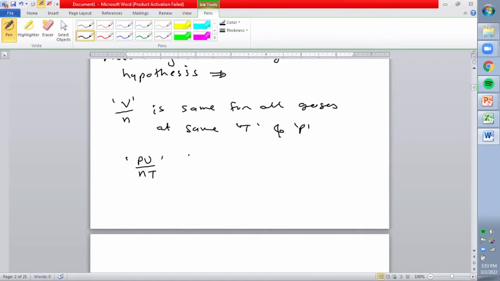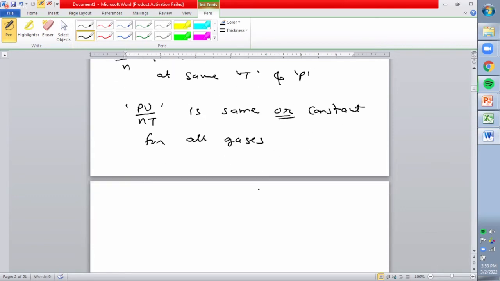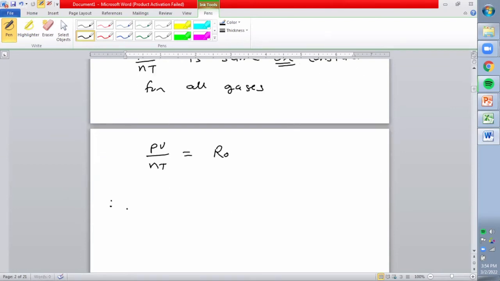So PV by nT is constant for all gases, and this constant we generally call the universal gas constant, that is PV by nT is equal to R0, where R0 is the universal gas constant.